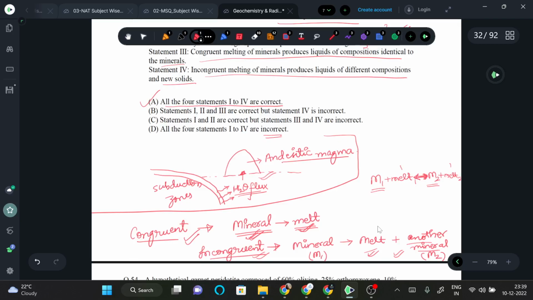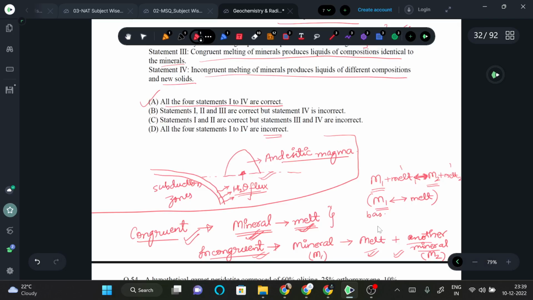So equilibrium melting cannot be congruent melting actually, or actually in some cases it is there. Like if you study ahead, because equilibrium melting totally depends on the pressure temperature conditions. Now suppose there is some magma.